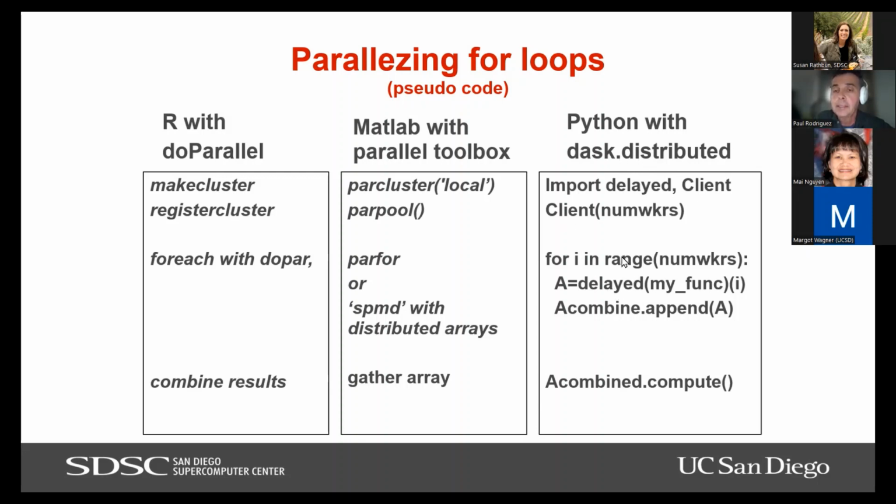Now with Dask, if you were in the talk earlier, I think that was the other session in the main room, you can parallelize a for loop. You use something that's delaying the actual function execution, and then you have to combine the results. And then you have to explicitly say, okay, now compute the results. And that's when it actually gets parallelized and computed. So Python is a little bit different, but the steps are kind of the same.